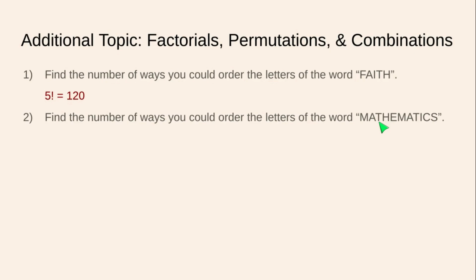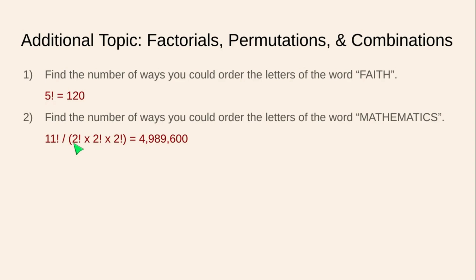So if I have repeated letters, here's how I handle that. I find the number of orders for all the letters, and then I acknowledge those doubled letters. If I have 2 of a letter or 3 of a letter or 4 of a letter, I do that number factorial and I divide it out, because if I were to switch or reorder those letters, I'd have the same spelling, the same order of letters, if I switched doubles or triples or whatever.